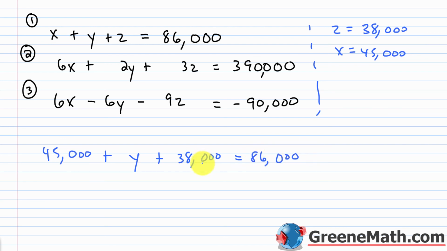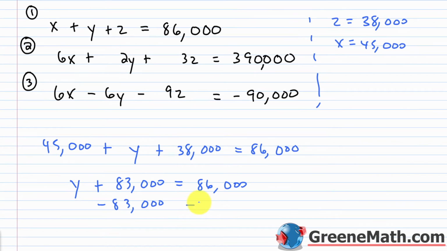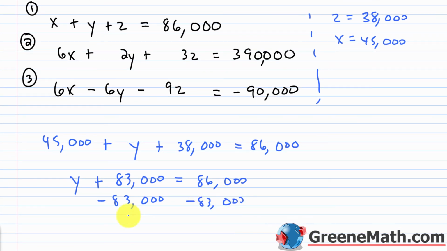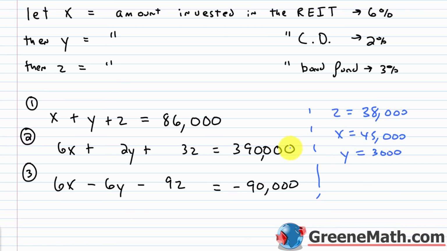So if I had 45,000 and 38,000, I'd get 83,000. So you'd have y plus 83,000 equals 86,000. Go ahead and subtract 83,000 away from each side of the equation. Y is going to equal 3,000.